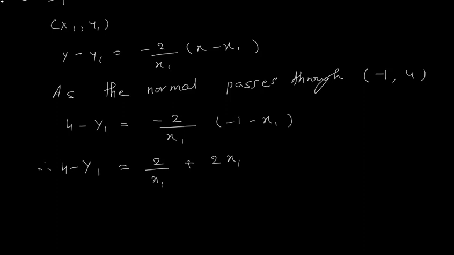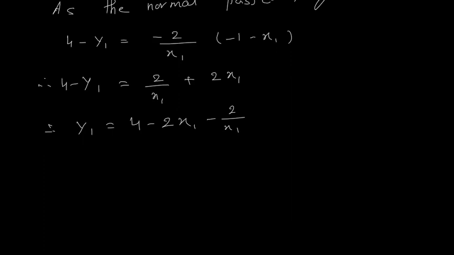So now I have y1 equal to, this 4 will remain as it is, this 2x1 will come here, so it is 4 minus 2x1 minus 2 upon x1. This is the value of y1. So I will say that this is my first equation.